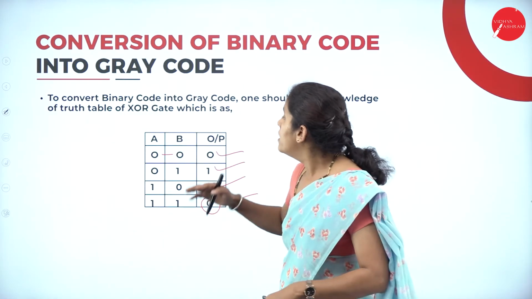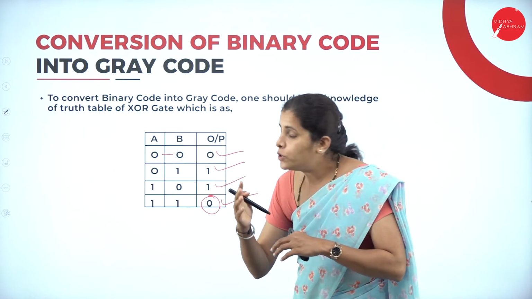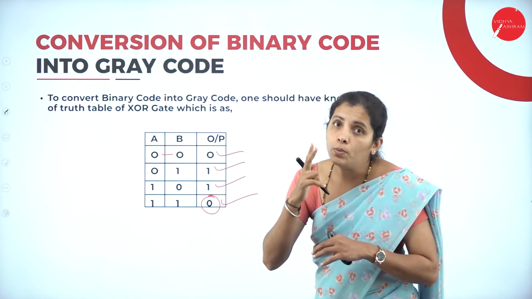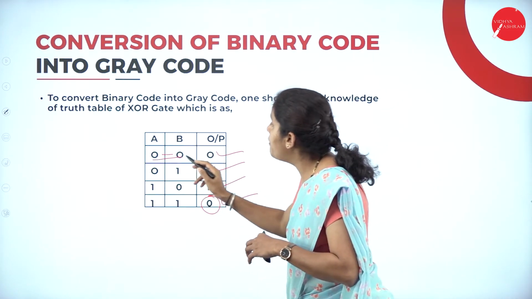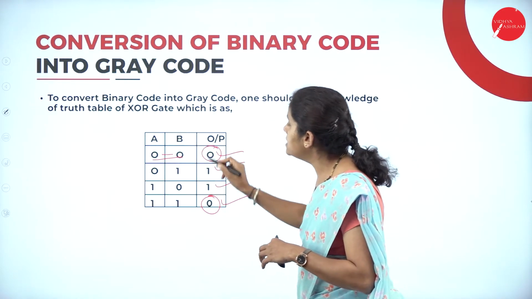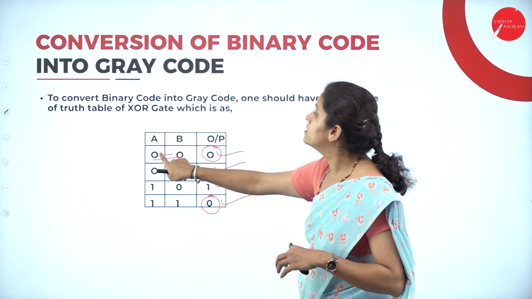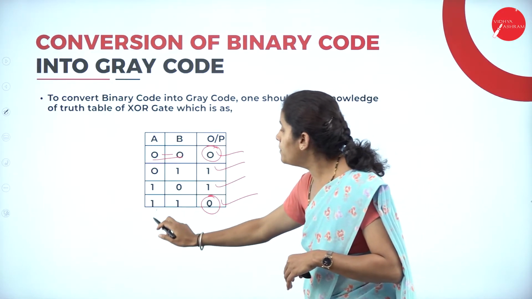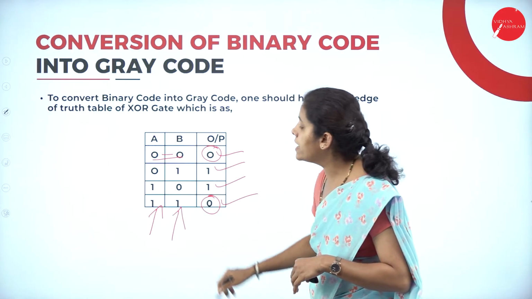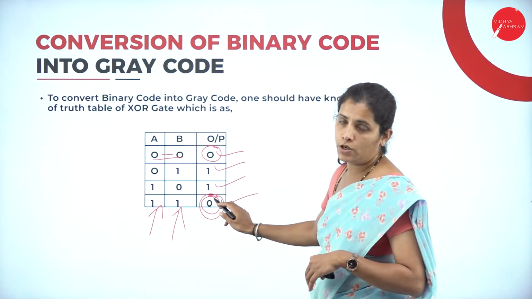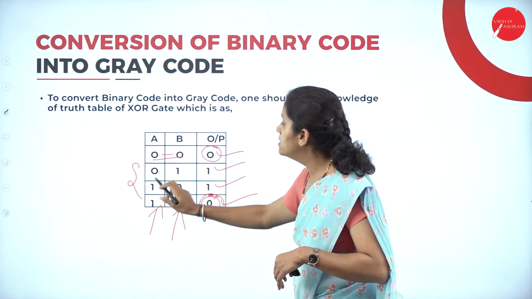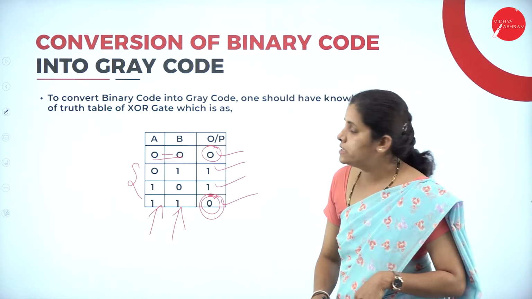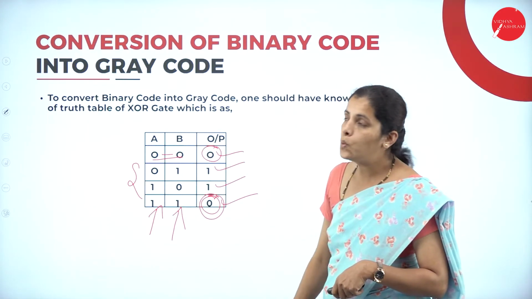That means wherever the 2 bits are the same value, the output is 0. See this: A is 0 and B is 0, output is 0. Then 1, 1: both bits are the same, so output is 0. For these 2 bits, the bits vary, so the output is 1.